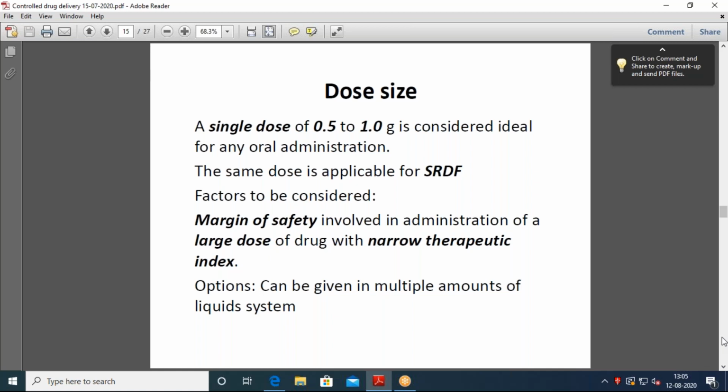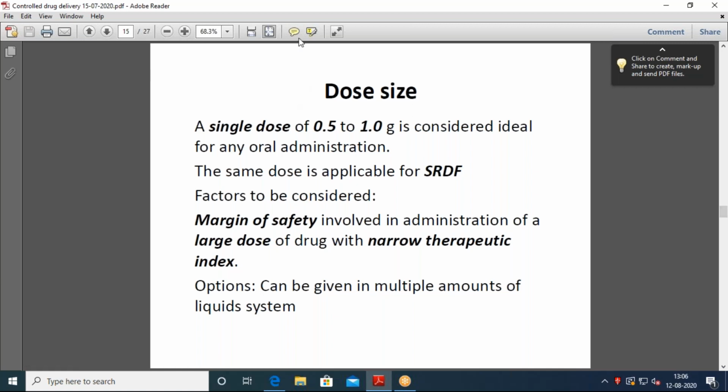In fact, not only for sustained release, for any oral dosage form in general, this particular dose is suitable. So the same dose size is applicable when formulating a sustained dosage form or controlled release drug delivery systems. Preferably it should be less than 1 gram. Please remember the dose should be less than 1 gram.